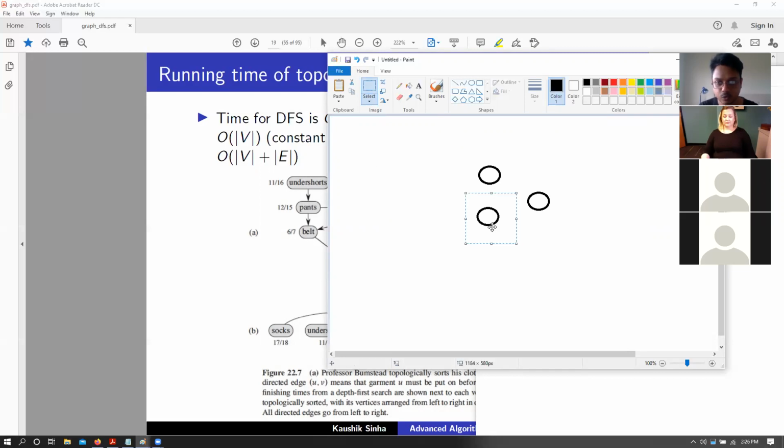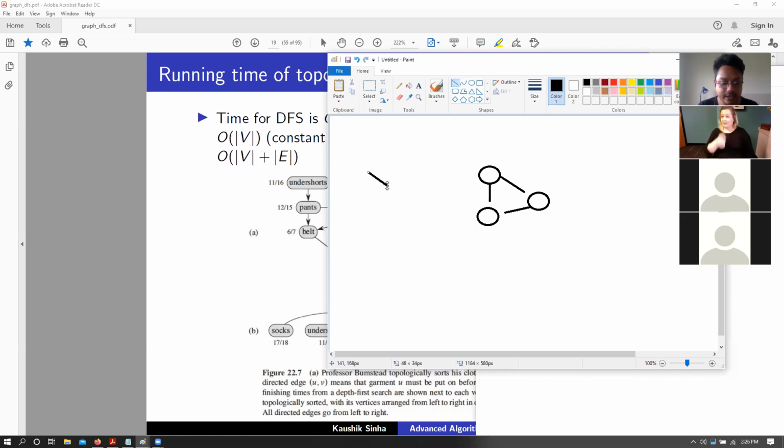Let's have these 3 nodes where this node is connected to this one, and this one is connected to this particular node, right? So sorry, other way around. This is connected to here. So this is a particular set of vertices that does not have a cycle here.